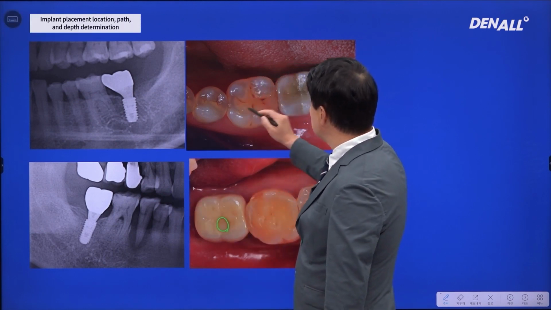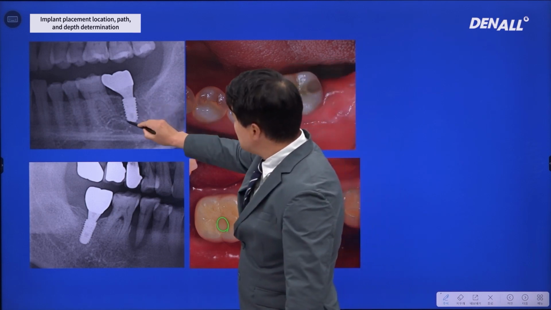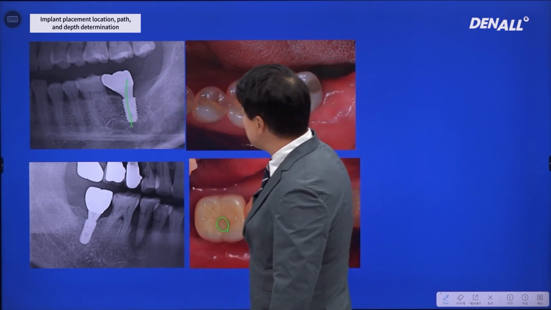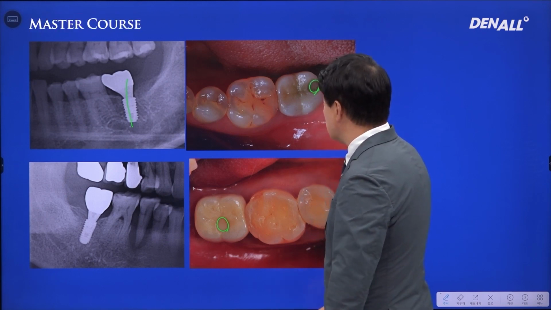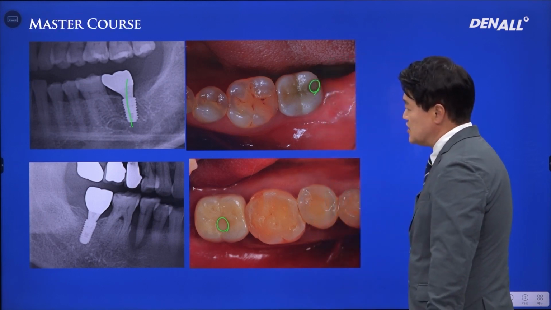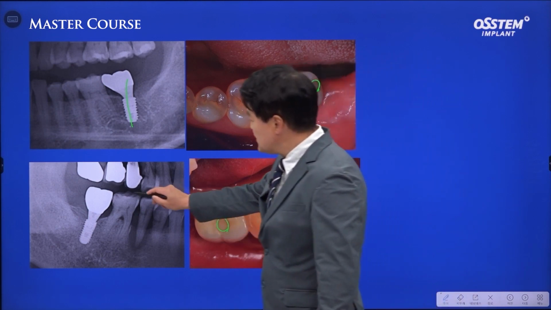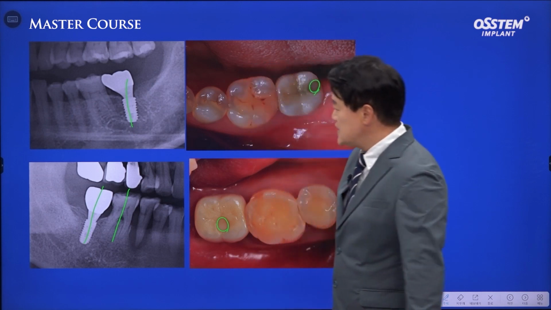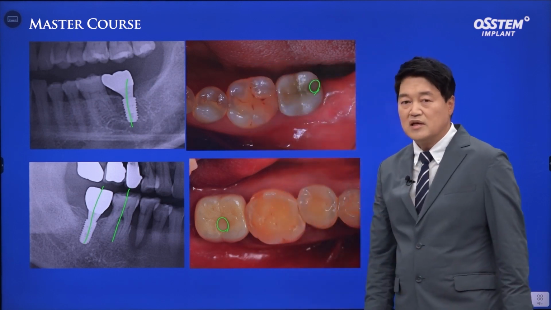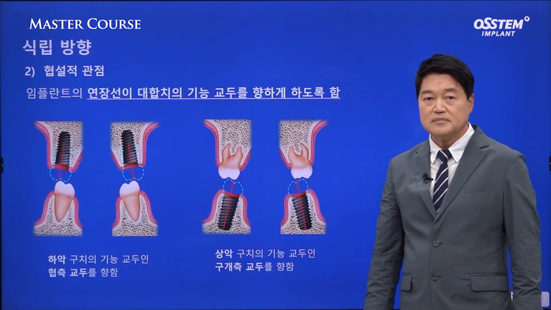And there's no mesial tilting, but distal tilting in this implant. So distally, the hole is positioned in the prosthesis. So just like the natural teeth axis, mesial tilting is important for an ideal prosthesis.